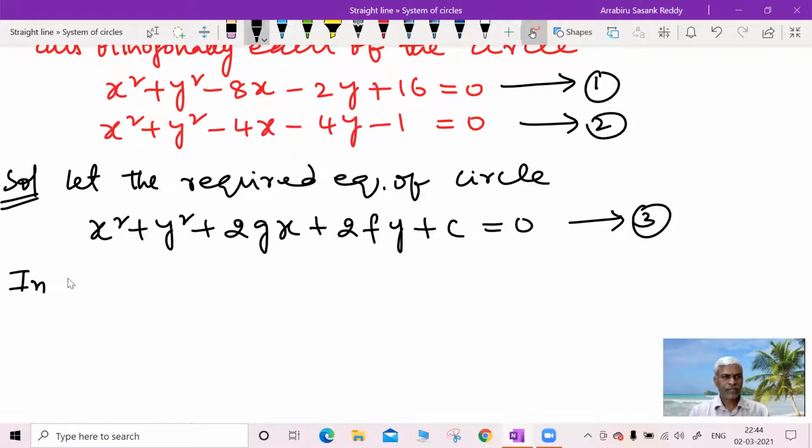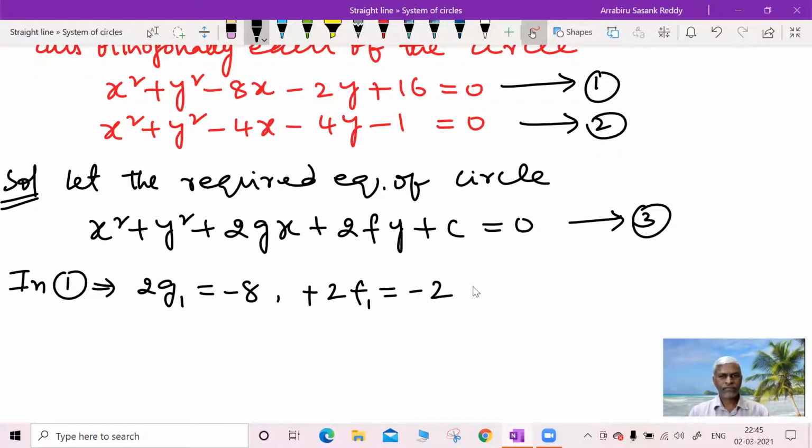So from equation 1, the g value is half of the x coefficient: 2g1 is minus 8, 2f1 is minus 2, c1 is 16.